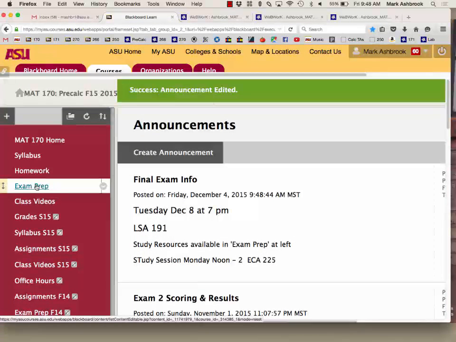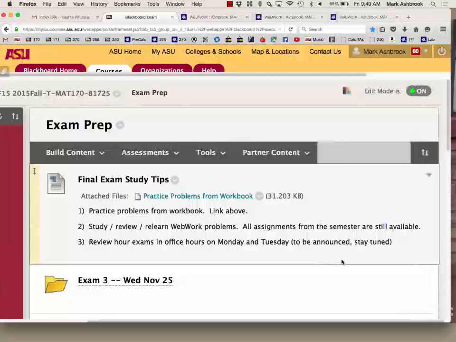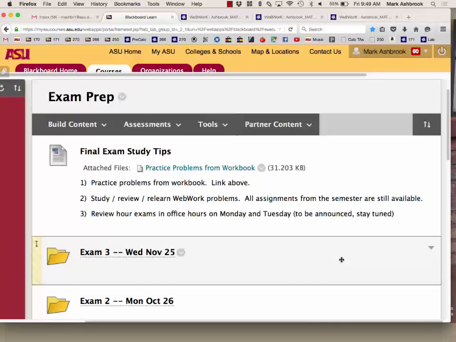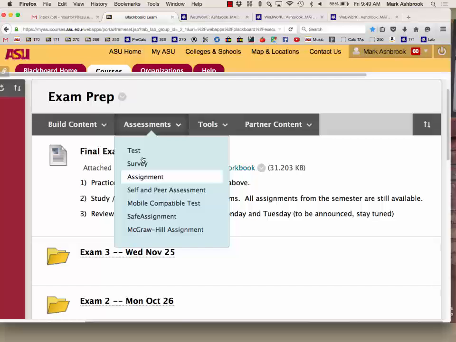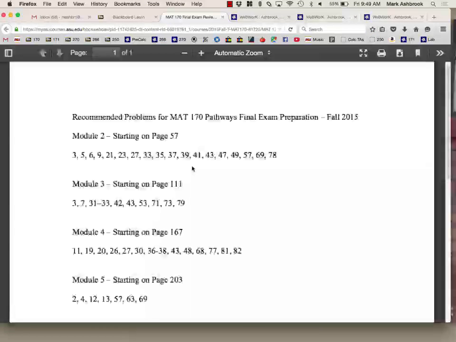In exam prep, shortly, this isn't there yet, but shortly in exam prep, you'll see final exam study tips. And here's what I'm suggesting to get ready for the final. I put a list of practice problems. It'll look just like this, right where you're looking for another class. I'll put this up in the next hour. There's a list of practice problems from the workbook, homework problems.